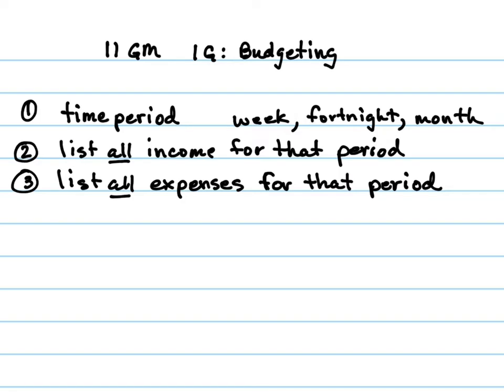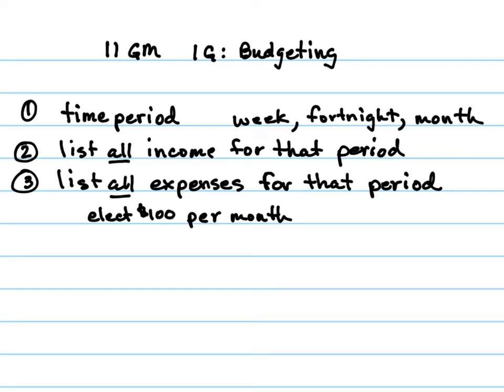So if you're doing it as monthly, then you need to accommodate that by doing a little math, okay? So for example, let's say we have an electric bill of $100 per month, but we're going to do it fortnightly.